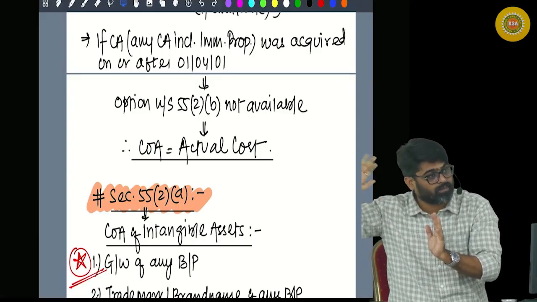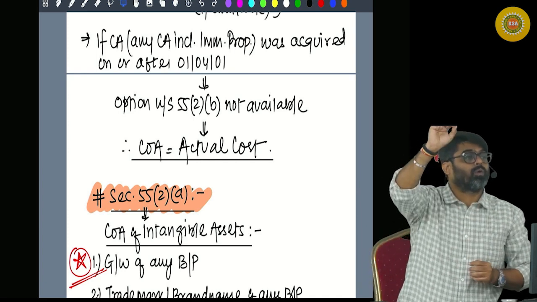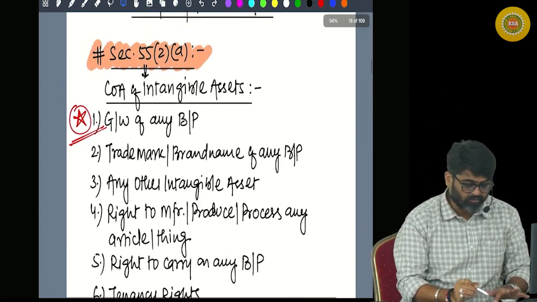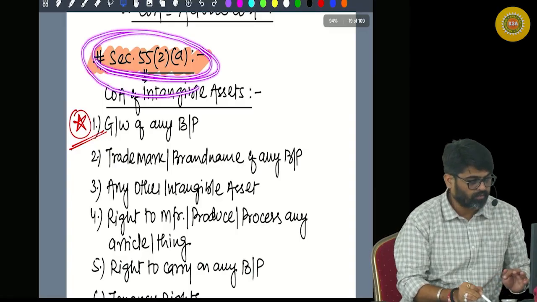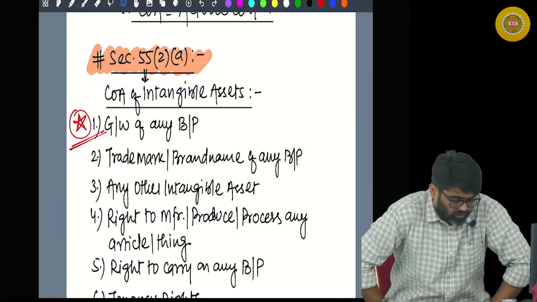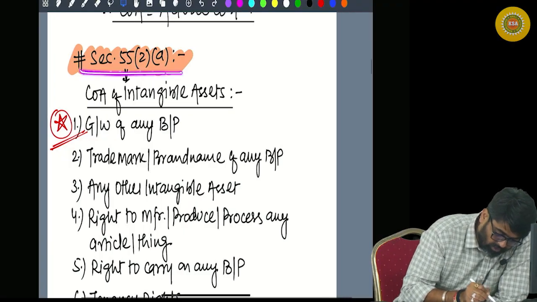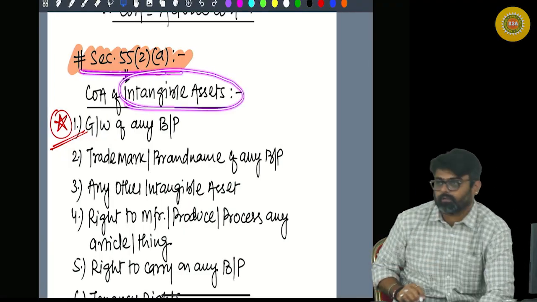Now wait, from those capital assets, you have removed immovable property and considered its cost of acquisition separately. Now I am removing the assets which are given in 55(2)(a). 55(2)(a) talks about intangible assets.